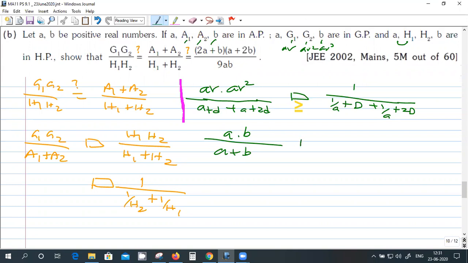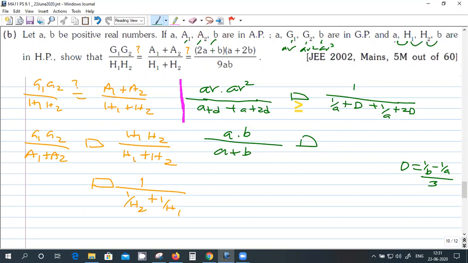Right? So this you have to compare with. And capital D is 1 by B minus 1 by A divided by 3, because there are 3 steps. This is first step, second step, third step.